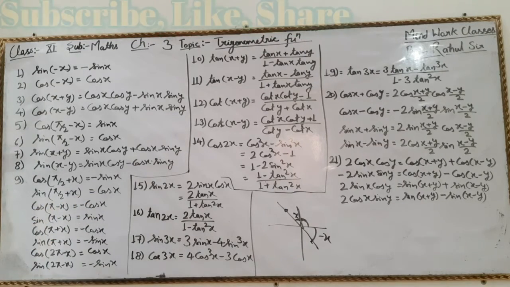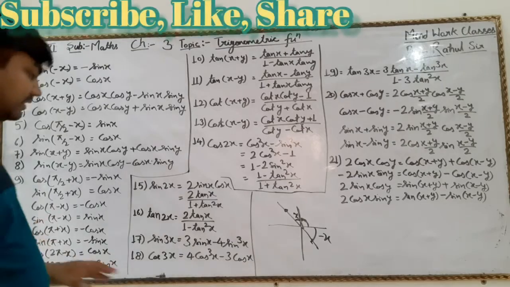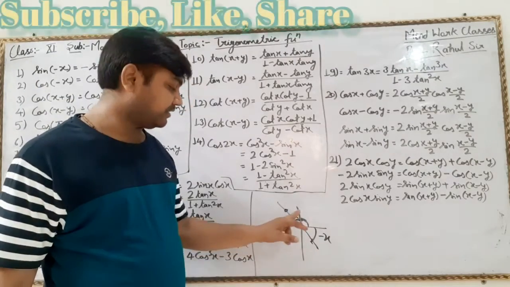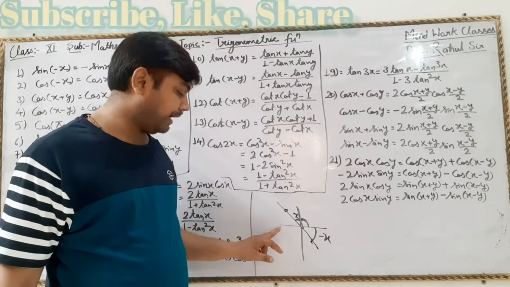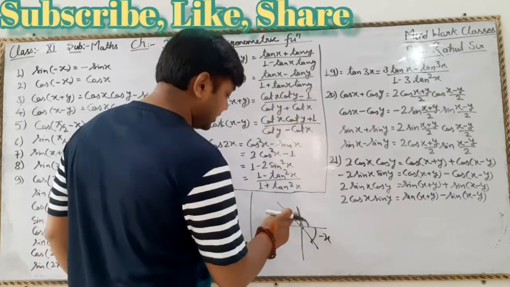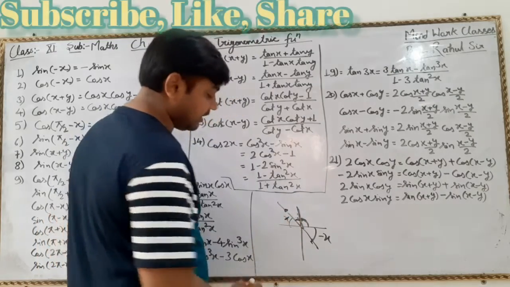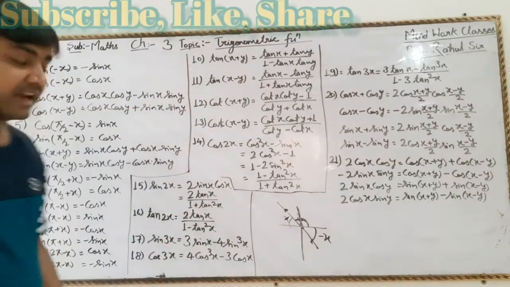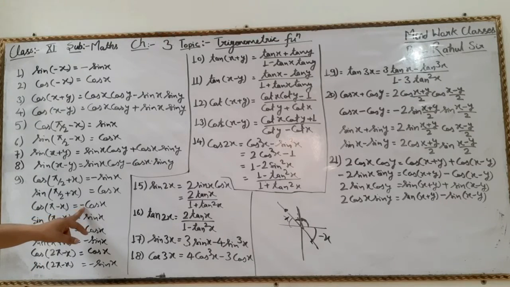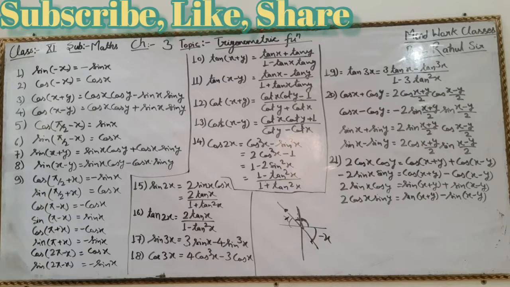Cos(pi - x). This is pi/2 and this is the pi line. So pi minus x means we are reducing some angle, let us say x, so this comes in the second quadrant, and in the second quadrant cos is negative.